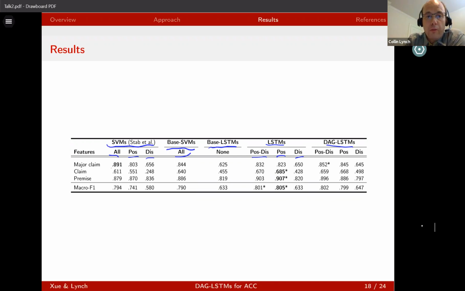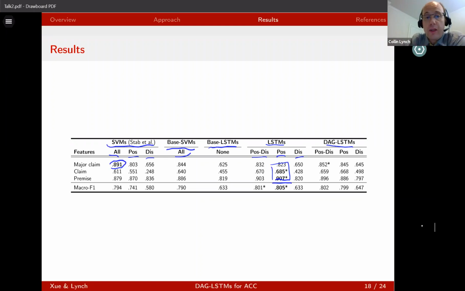First and foremost, we should note that the multi-class SVM with all features did better at classifying the major claims than other models. However, for claims and premises, a standard LSTM with the position features alone did better than LSTMs with both position and discourse, or any of the other types of models.